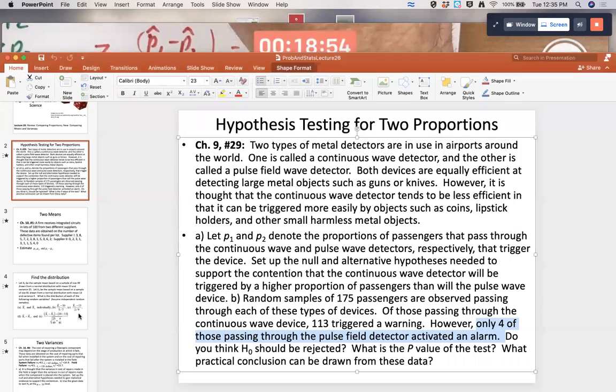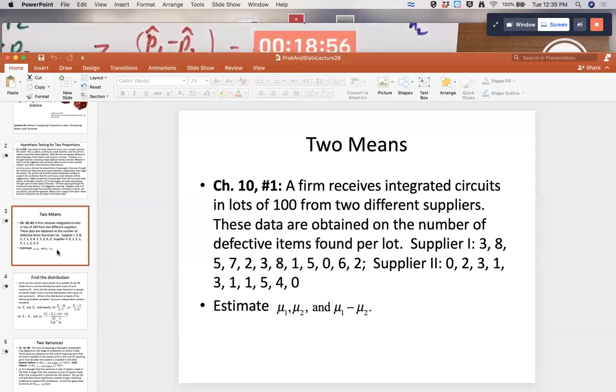On to chapter 10. We were just comparing two proportions. What about comparing two means? And again, this seems a little funny because, I mean, proportions, like I just mentioned 15 minutes ago, can be thought of as means. But we are going to use something different here in chapter 10. It's more traditional in the context of when you're thinking about means in the usual way to say, we're going to ultimately use a t-distribution again.